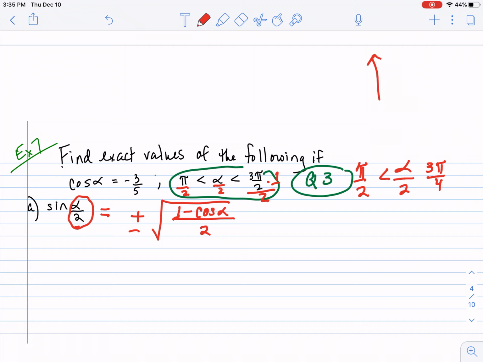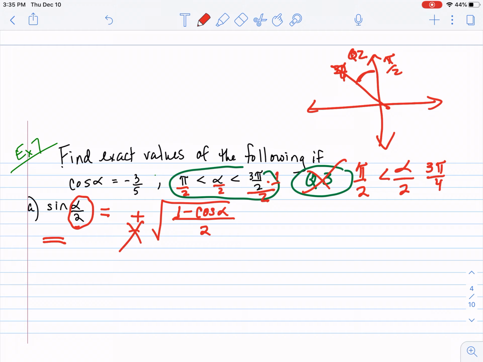Okay? Think of where you are here. Here's pi over 2. Here's 3 pi over 4. I am not in quadrant 3 anymore. I'm in Q2, somewhere here. I am in Q2. And the sine in Q2 is positive.